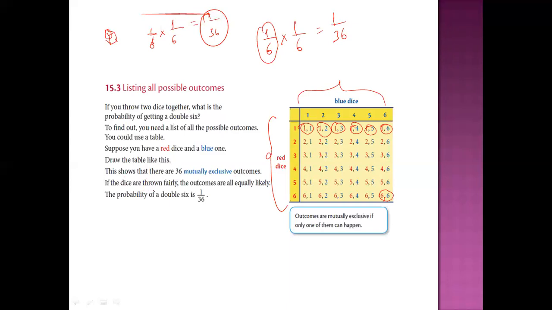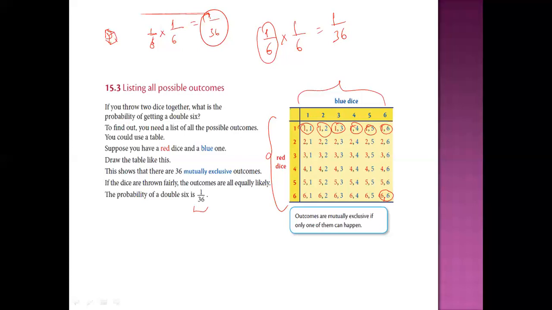If the dice are thrown fairly, the outcomes are all equally likely. The probability of a double six is 1 over 36, okay? The 6 and 6 is double six, and the 36 numbers are like a multiplication table.